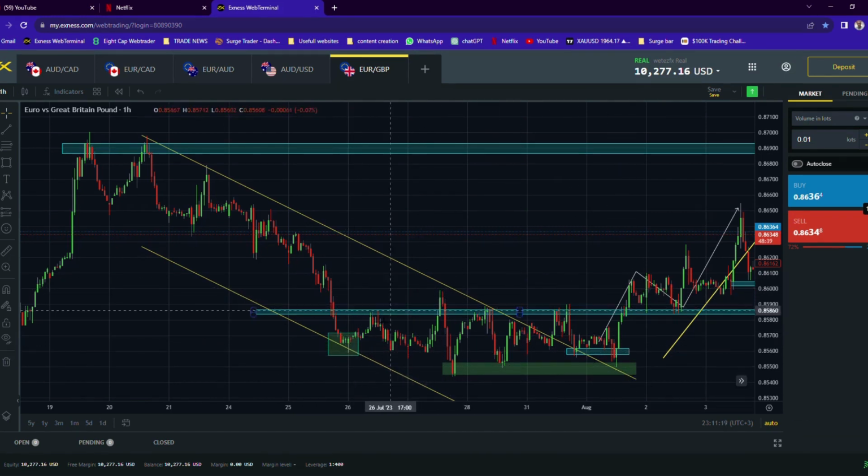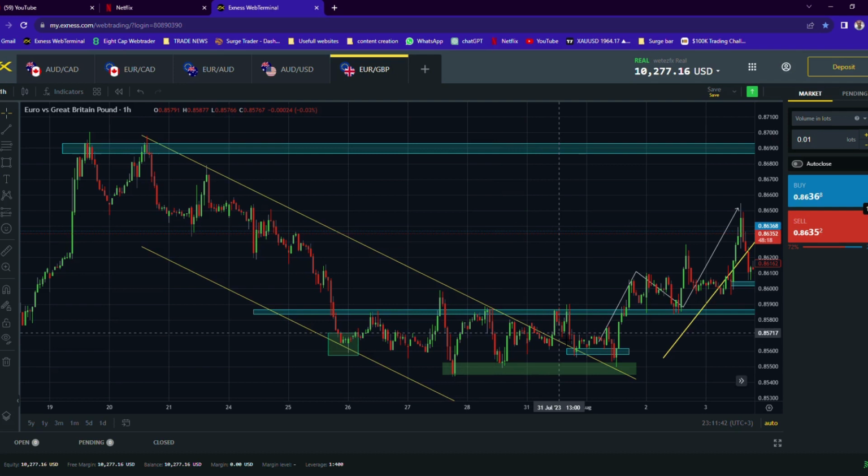But as it came to the end of the trend right here, we saw a range starting to form, which indicates that the selling pressure is trying to decrease. So right here you start expecting a break to the downside, or a break outside of the trend, because it's moving sideways.